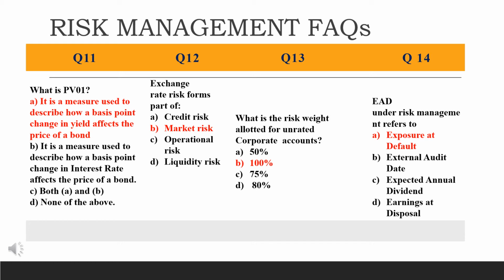I would repeat once again. PV01 is a measure used to describe how a basis point change in yield affects the price of a bond. Okay. Then comes the modified duration, which measures the impact of change in the interest rate, not yield, on the price of a bond. Thus, the answer is A option.